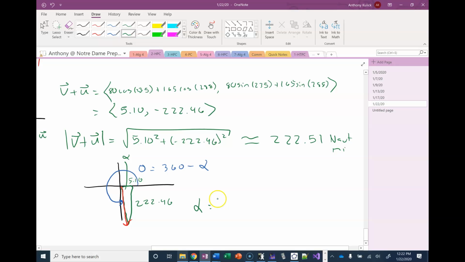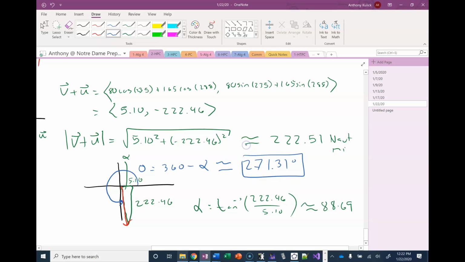So alpha is tan inverse of opposite over adjacent, which comes out to be 88.69. When I subtract 88.69 from 360, I get 271.31 degrees. So there's my magnitude and direction.